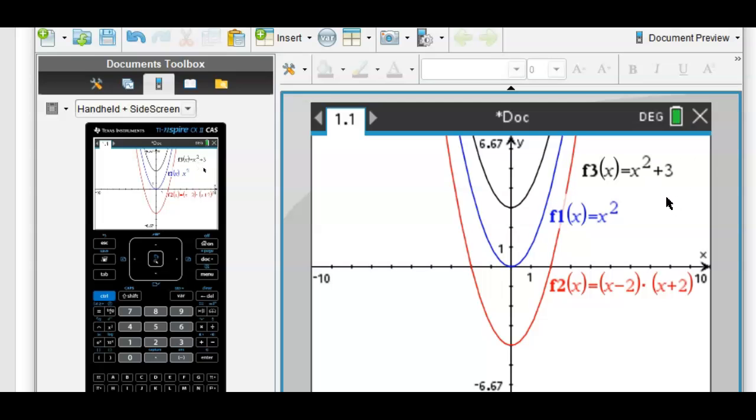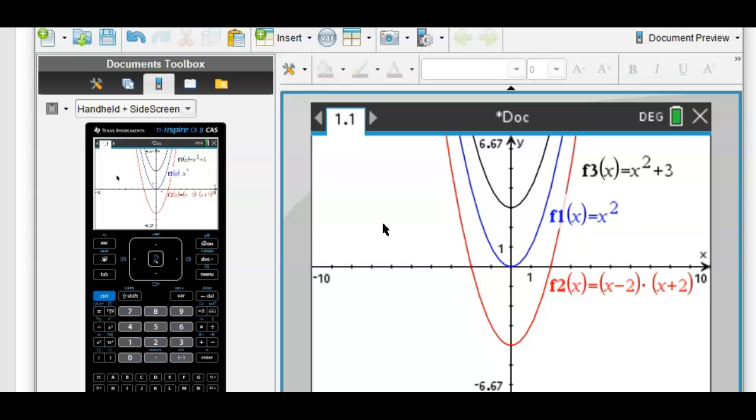But this sort of parabola, we can't factorize it. It just stays as x squared plus 3, and we can't let it equal 0. If we let that equal 0, we're going to have x squared equals negative 3, and then we're going to be taking the square root of a negative number, and we can't get a real solution to do that. So basically, if you can't solve it, it just means it doesn't have any x-intercepts.